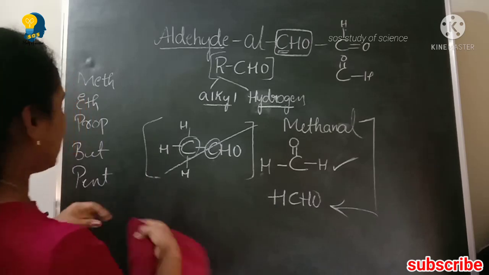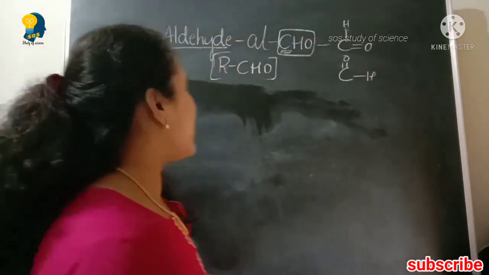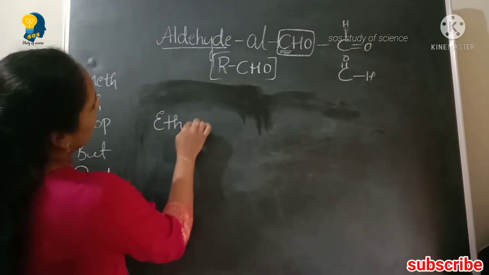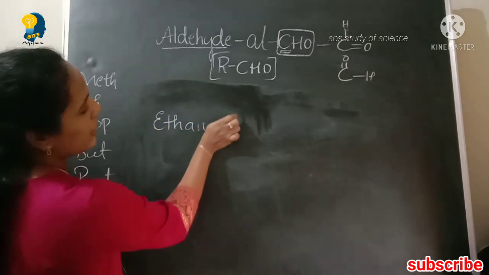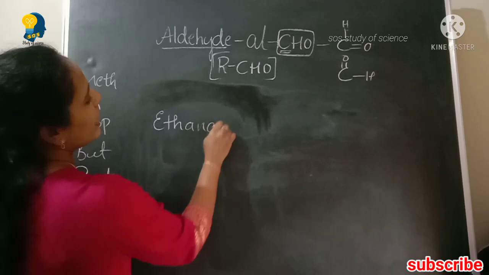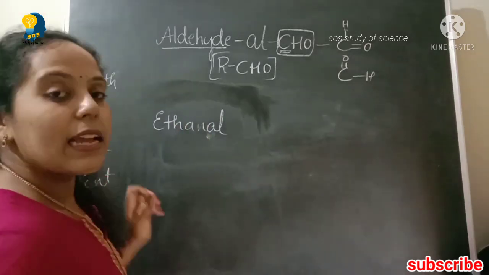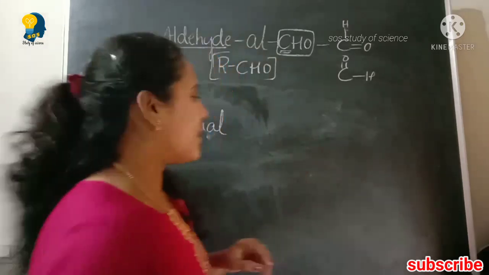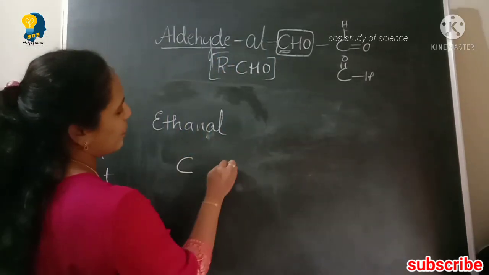So now let me write the next one. The next one is eth. Let me write ethane, and just remove E from it, I told you, right? Add al, it becomes ethanal. Eth means how many carbons should be there? Tell me. There should be 2 carbons, right? So let me write 2 carbons.